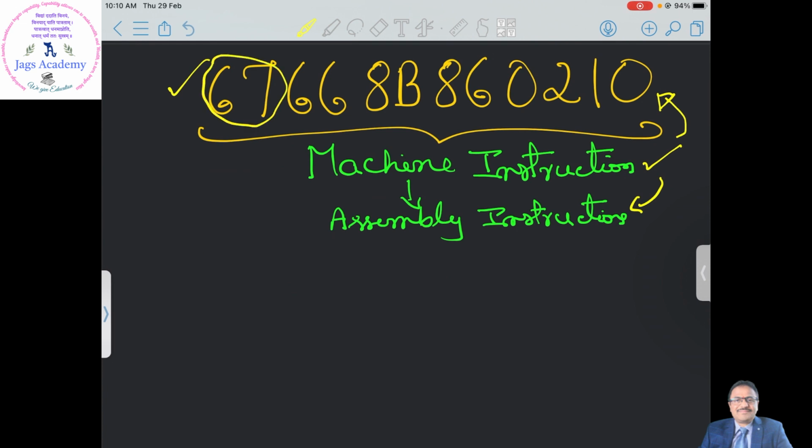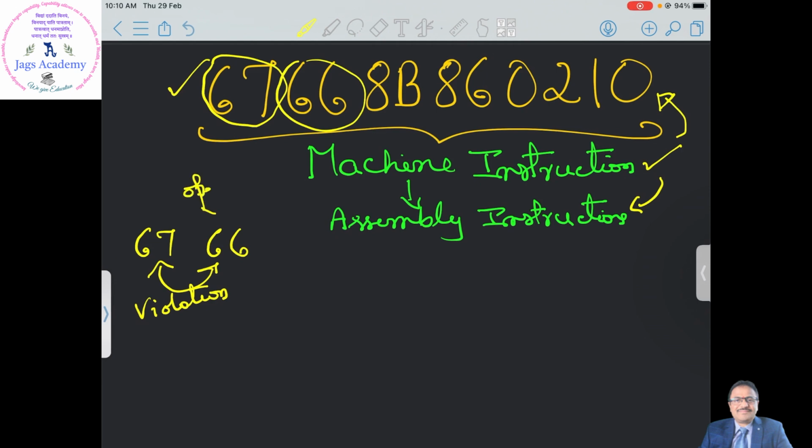If we see the first 2 bytes, which are 67 and 66 hexadecimal, this indicates that there is a violation in terms of operand and in terms of the memory offset address, by assuming it to be 16-bit mode of operation.